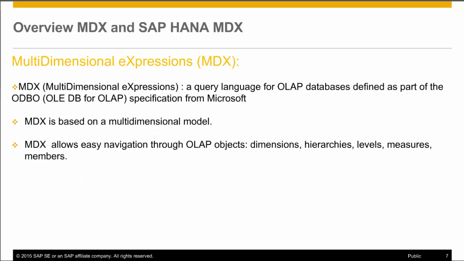As we all might know, MDX stands for multidimensional expression. This is one of the query languages we use to query a multidimensional data store, and it helps to navigate smoothly to data store objects, for instance the dimensional hierarchies, levels, measures, and also the members.